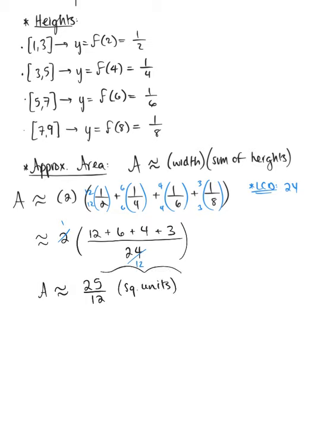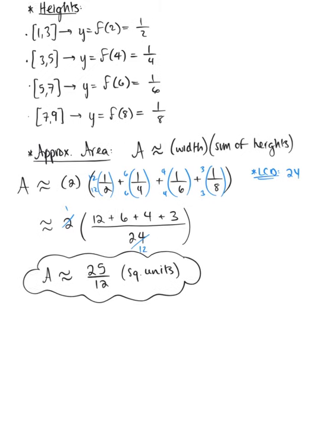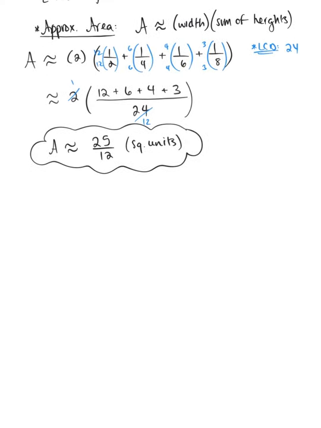So there's your area by the midpoint. The only thing here is don't get so excited that you found the approximate area that you forget what we're trying to do here. We want to find the function's average value. So we're looking for the average value of f.